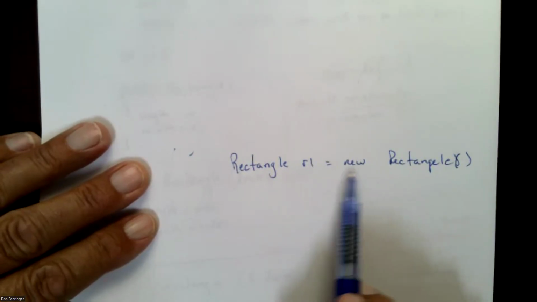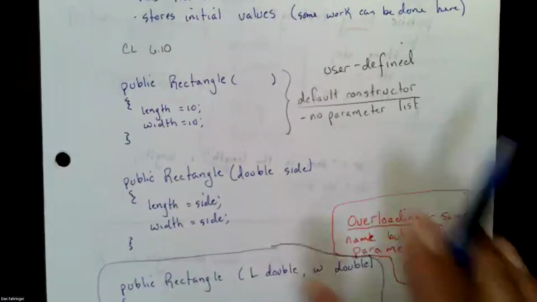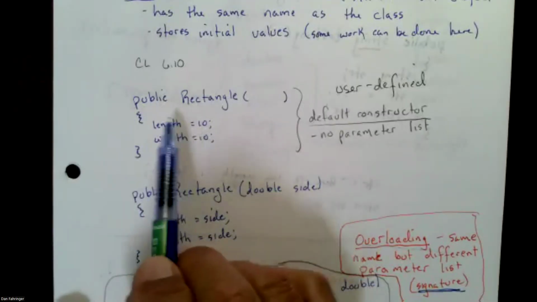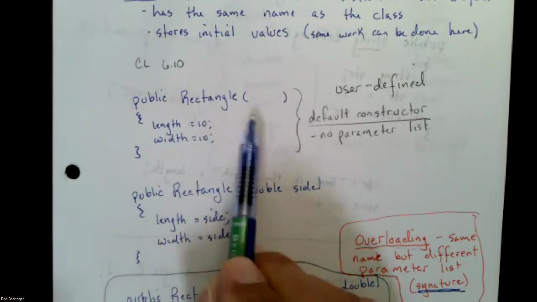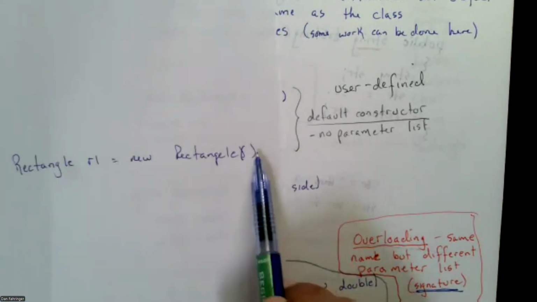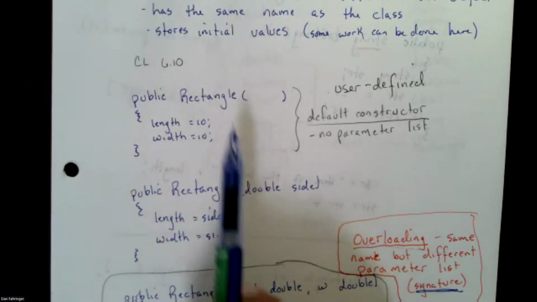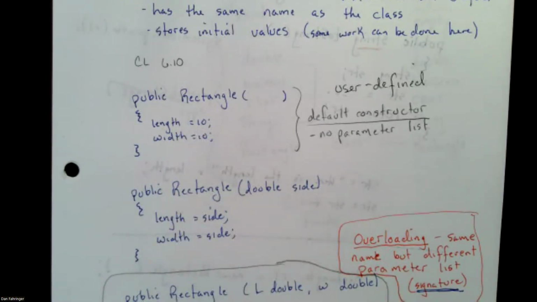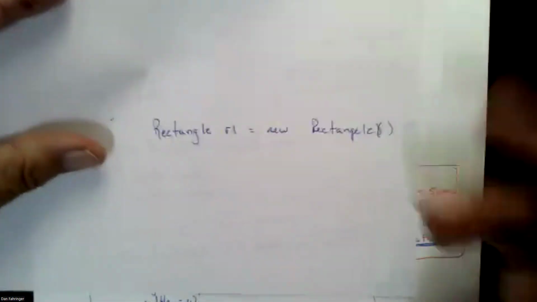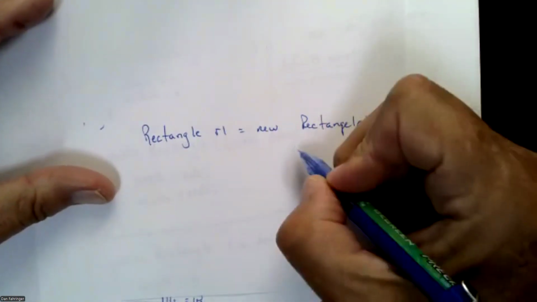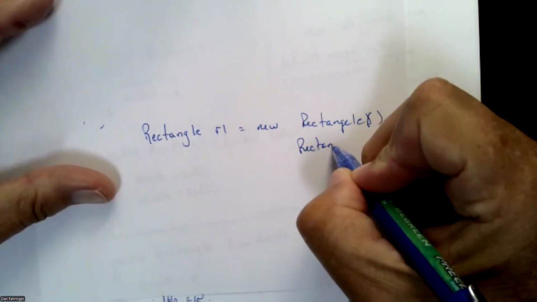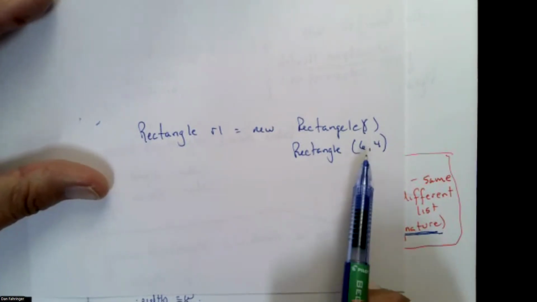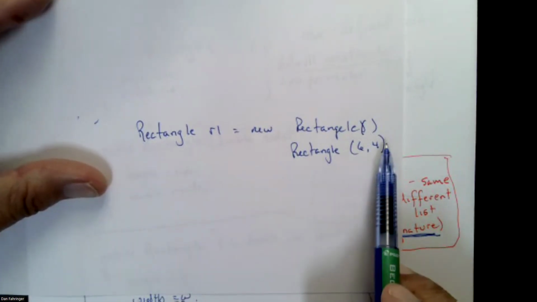This thing called a constructor calls this block of code and it's what gets used. There's a default one that we don't see, but we can start writing our own constructors. For example, if I said Rectangle r1 equals new Rectangle with empty parentheses, it would do these particular lines of code. If I said Rectangle r1 equals new Rectangle(6, 4), that would call a different constructor.